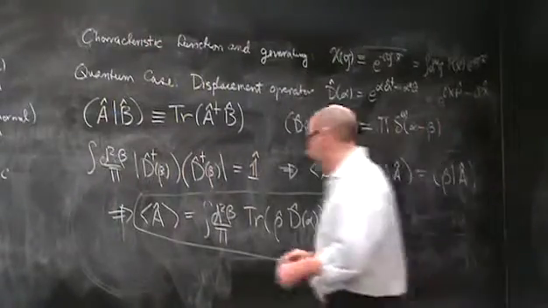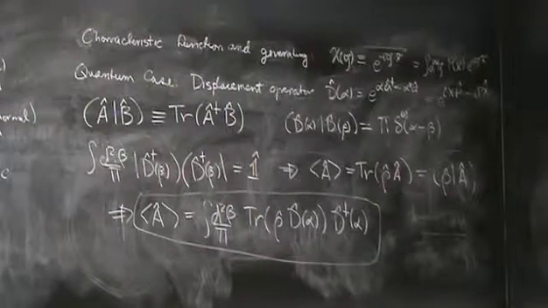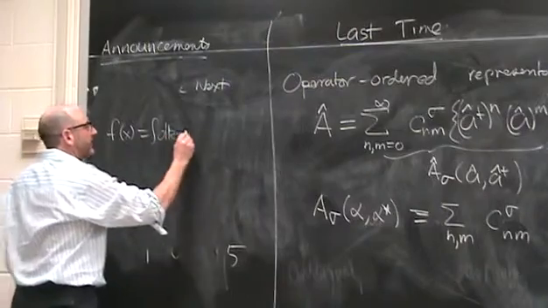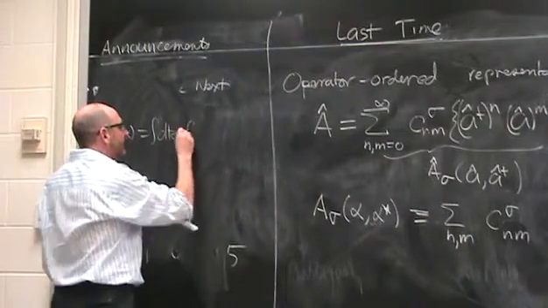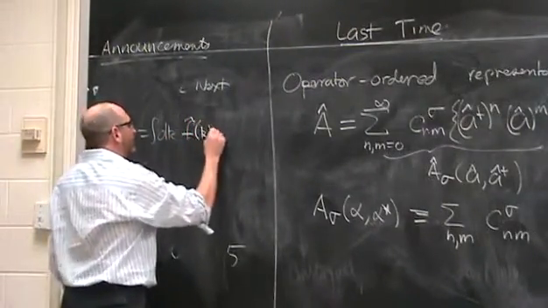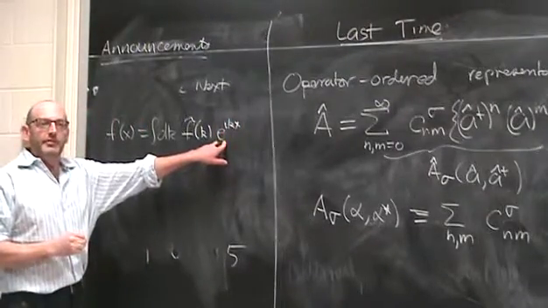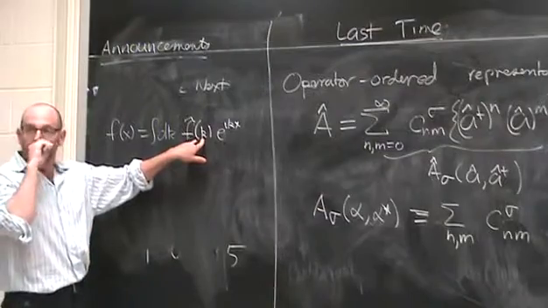In Fourier analysis, if I have a function of x, that function can be written as a weighting of plane waves weighted by coefficients.